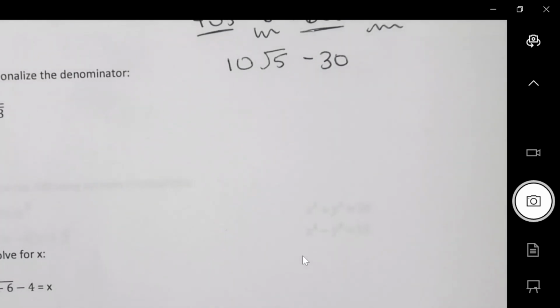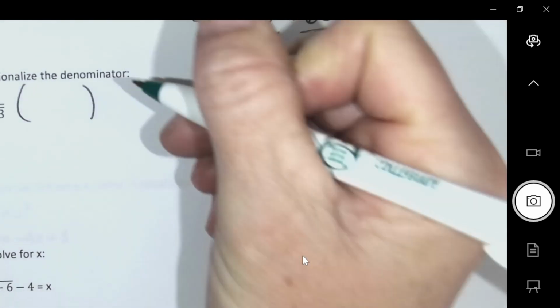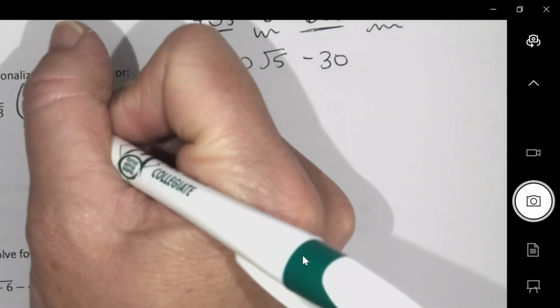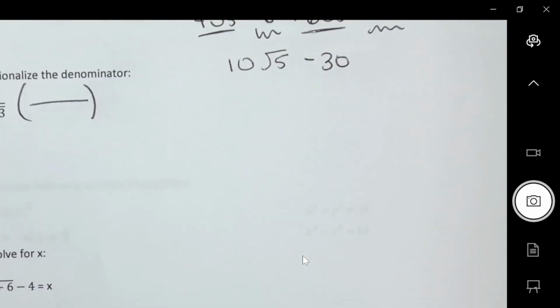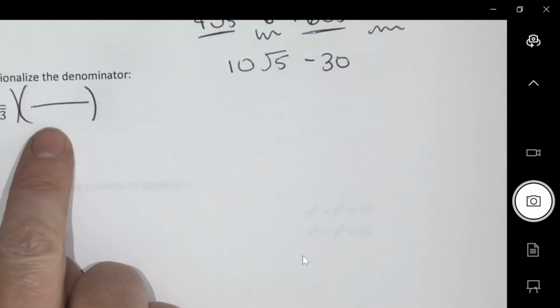Okay, rationalize the denominator. So when you're doing these questions, you're going to have to multiply by the conjugate of the bottom. Do you remember that word? What does it look like? What's the conjugate of this bottom?